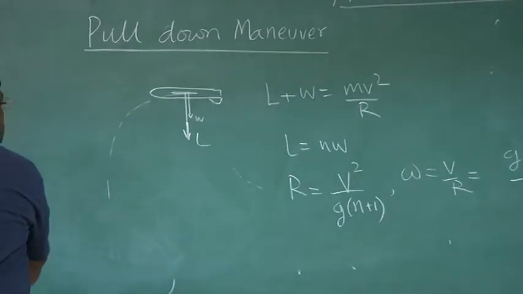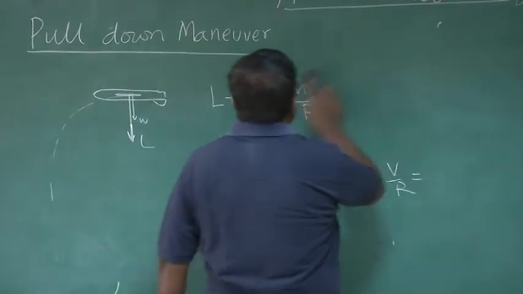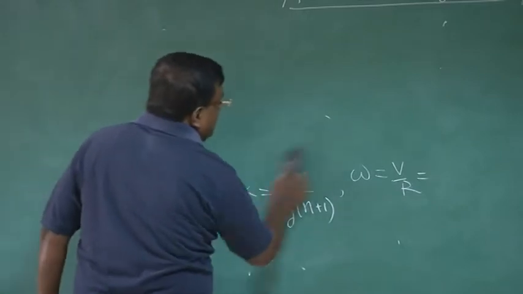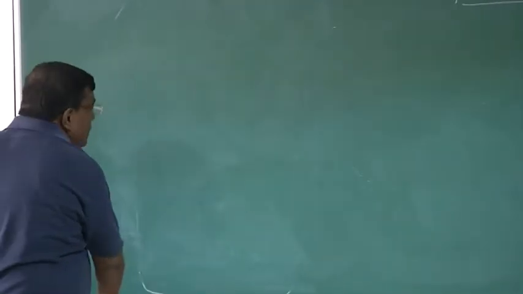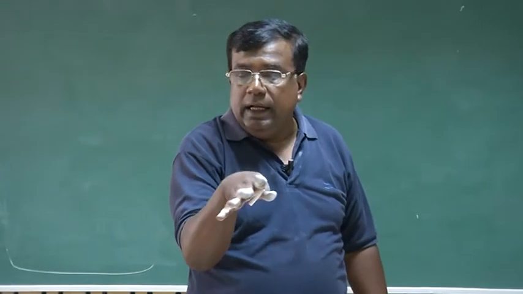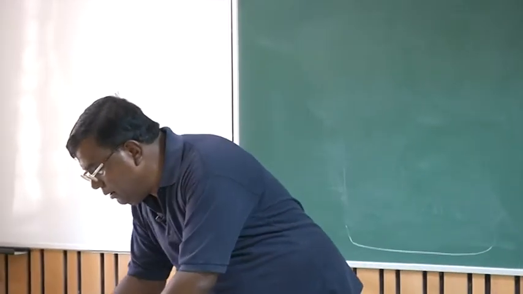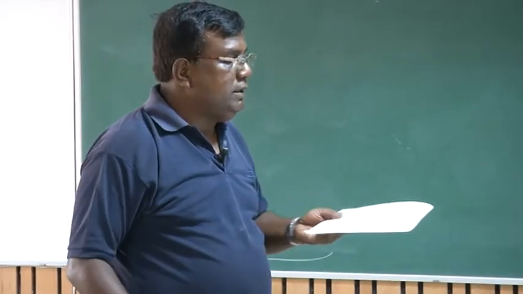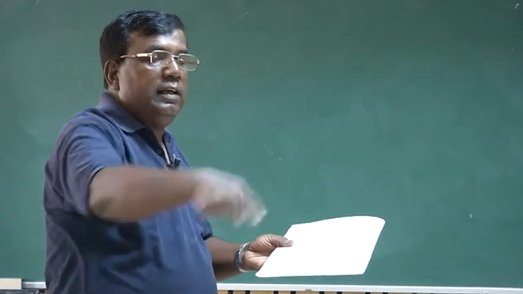Once I cover this pull-down maneuver, now automatically it comes to our mind why we are restricting to the vertical plane. The most rigorously used maneuver is the turning flight, right? You turn like this. Now think, the airplane is flying like this and it wants to turn in a horizontal circle.